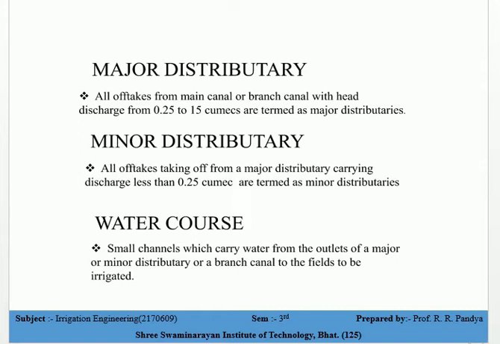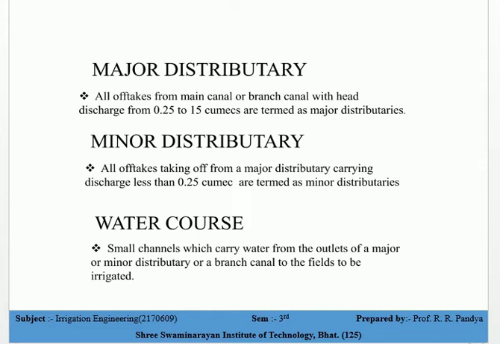In some books, like the GTU syllabus books such as Atul or other books, there is 0.25 to 5 cumecs. So don't be confused by it, you can write any of those discharges. So the discharge between 0.25 to 15 or 0.25 to 5 cumecs is termed as major distributaries.